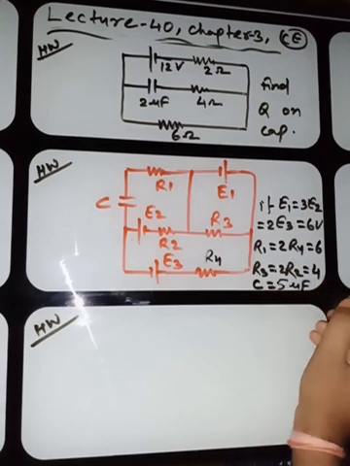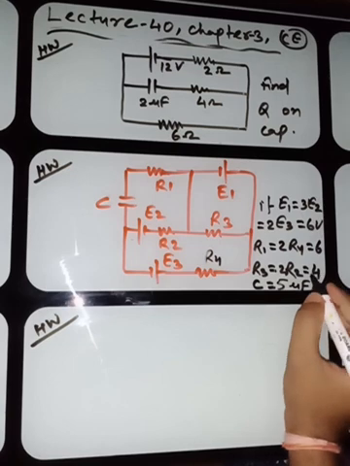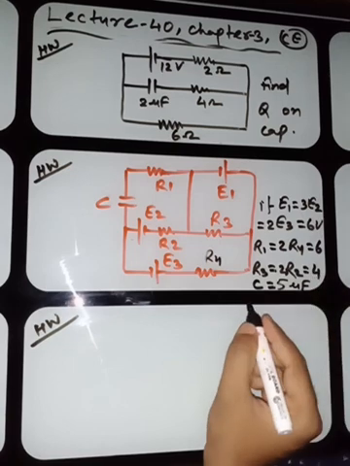I hope you can see all the data written. Then find I3 and Q in the capacitor.